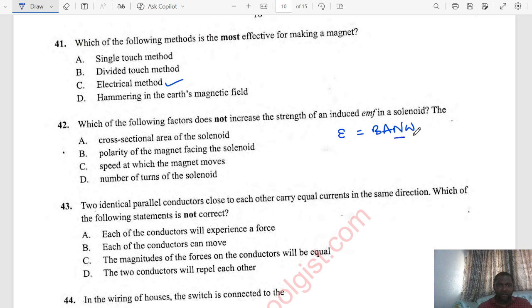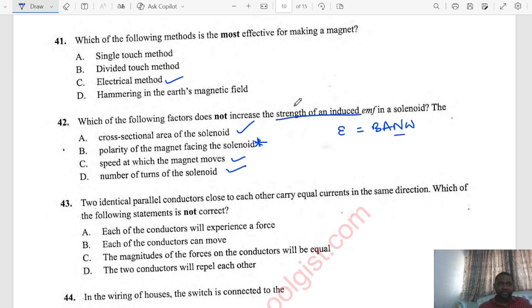So number of turns, speed, polarity of the magnet facing, no, polarity has nothing to do with the strength of the induced EMF. Cross-sectional area, yes. Speed, yes. And number of turns, yes.